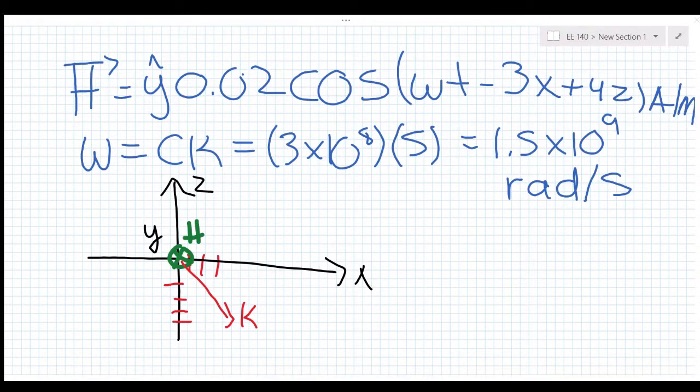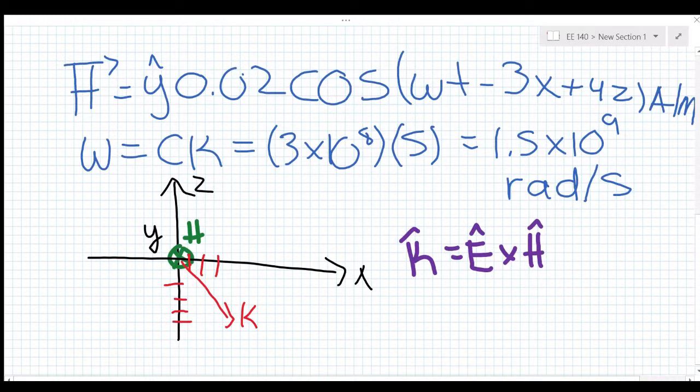To get the direction of E, we are going to use our right-hand rule. E hat cross H hat is equal to k hat. Using this rule, we'll find that the direction of E will be in the lower left quadrant.